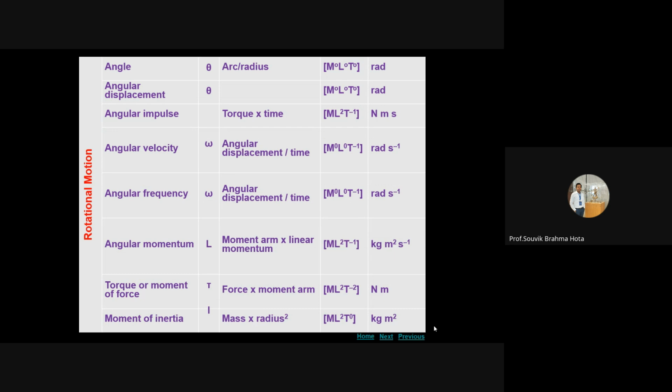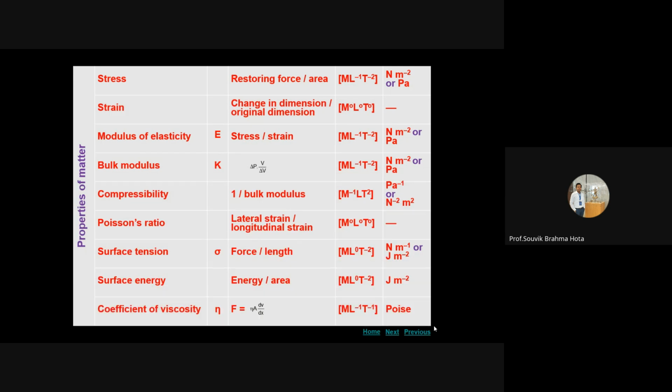Then angle, this is okay. Angular frequency, angular momentum, and moment of inertia are frequently asked. Bulk modulus, Poisson's ratio, surface tension, surface energy, and coefficient of viscosity are repeatedly asked.